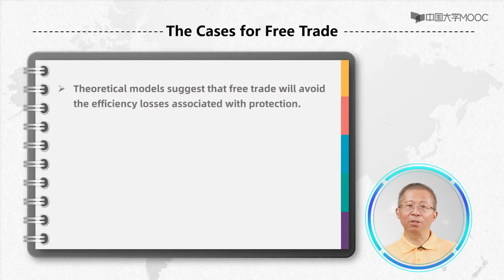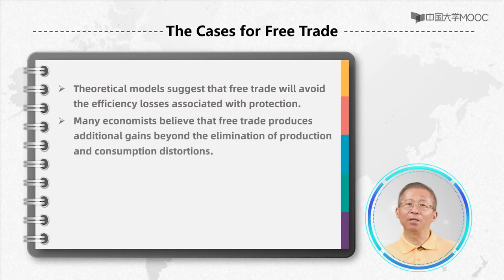Theoretical models suggest that free trade will avoid the efficiency losses associated with protection. Many economists believe that free trade produces additional gains beyond the elimination of production and consumption distortions.